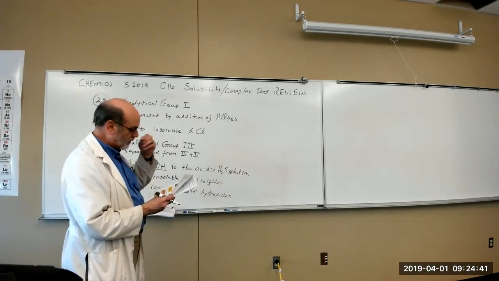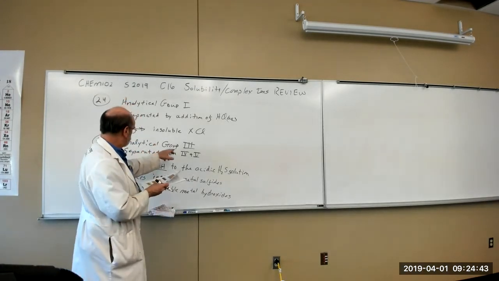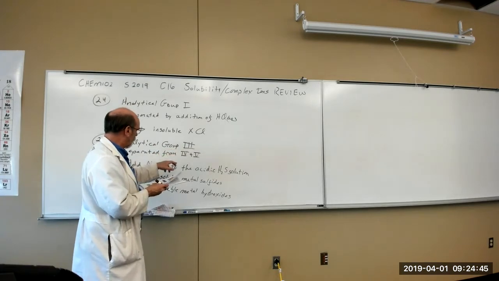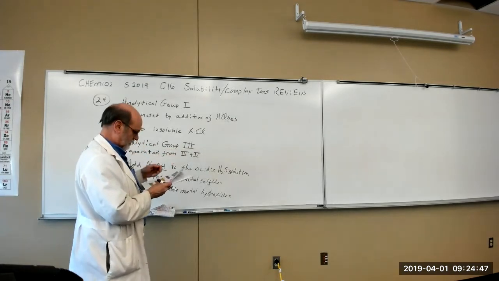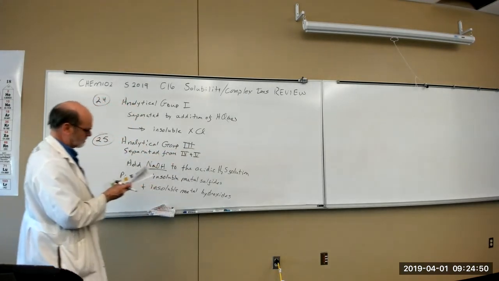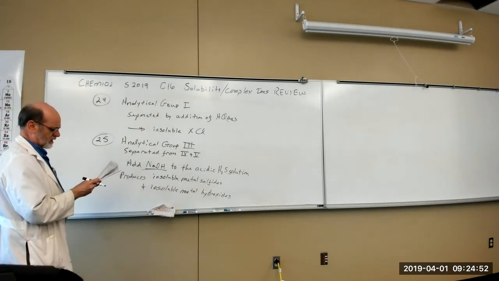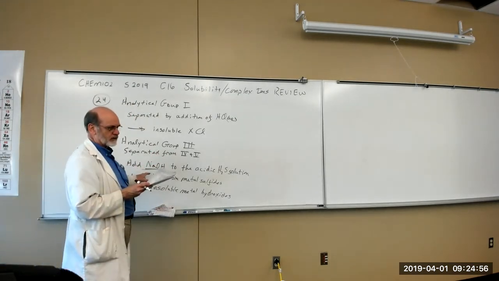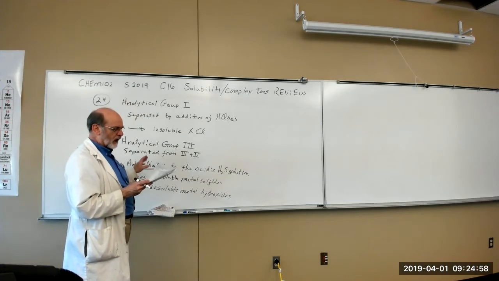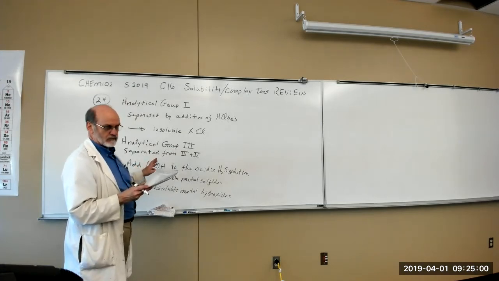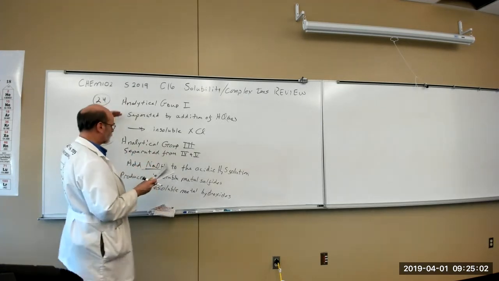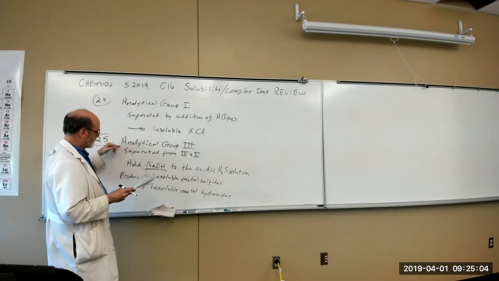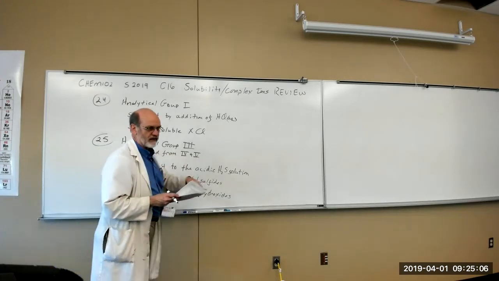But I'm assuming that you don't have to follow this procedure if you only want to separate group 3s from group 4s. No, that wouldn't make any sense, because if you do this directly by adding this plus H2S, you're going to get a conglomeration of 1s, 2s, and 3s separated from 4s and 5s.